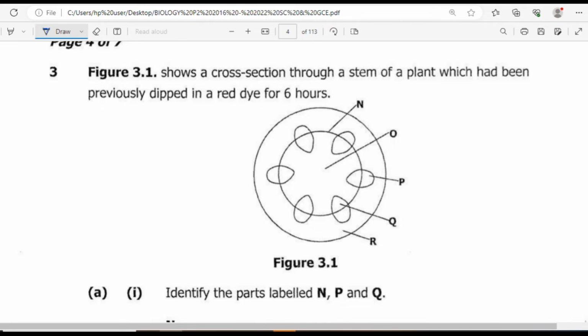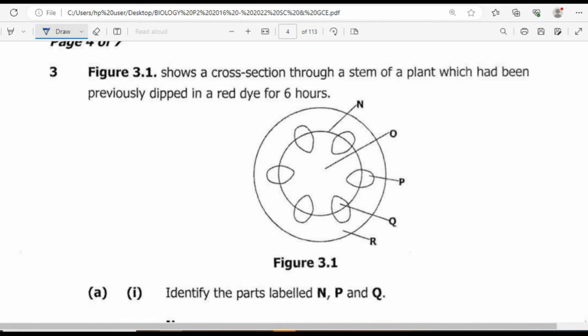So third question, figure 3.1 shows a cross section through a stem of a plant which had been previously dipped in a red dye for 6 hours. Okay, so there are parts here, and according to the arrangement of these visible parts, we can tell that this is a dicot stem.